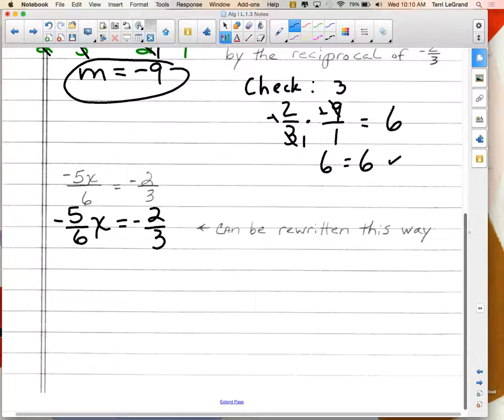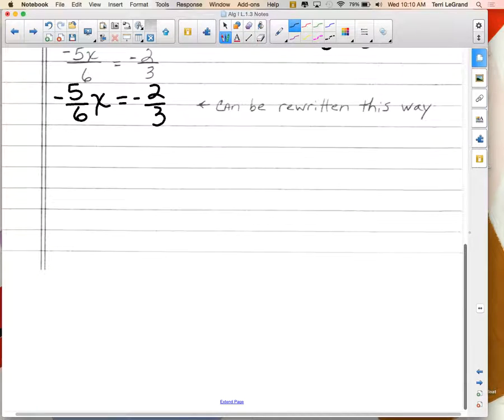Show your work. What do you have to do to solve for x? No calculator. Or do you have the answer ready?